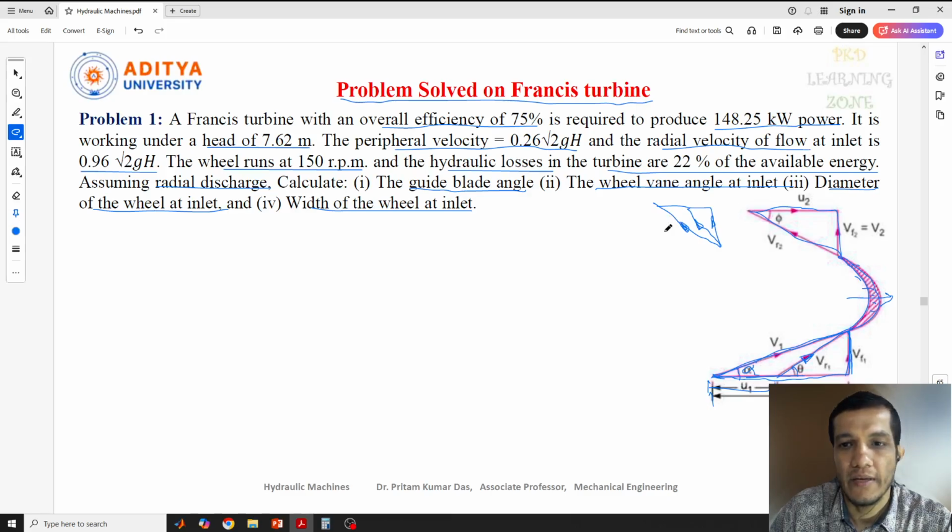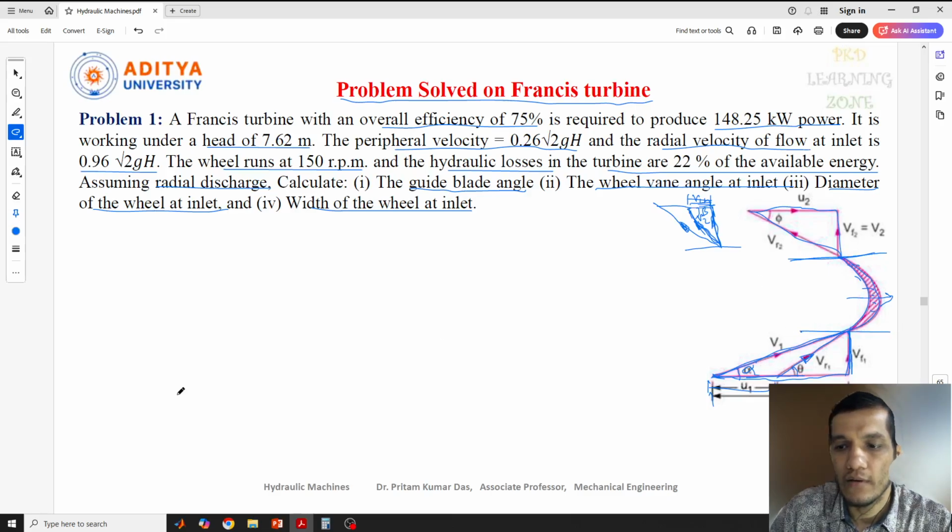When the discharge is radial, this is our Vw2 at the outlet condition, this is V2, and this is beta. This Vw2 will be 0 when it is radial discharge, so V2 will be perpendicular to the tangent. This one is the tangent. These things we have already discussed previously.